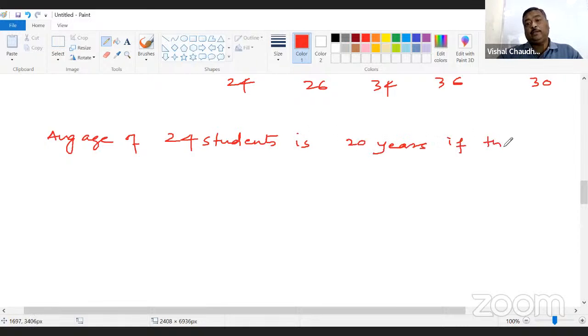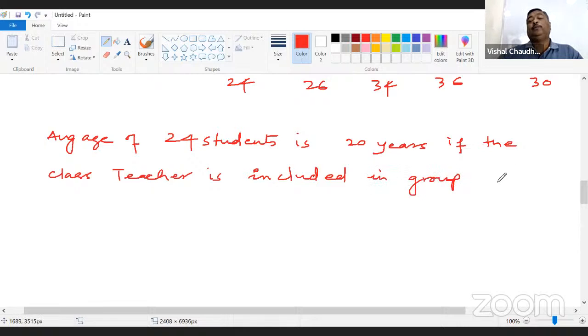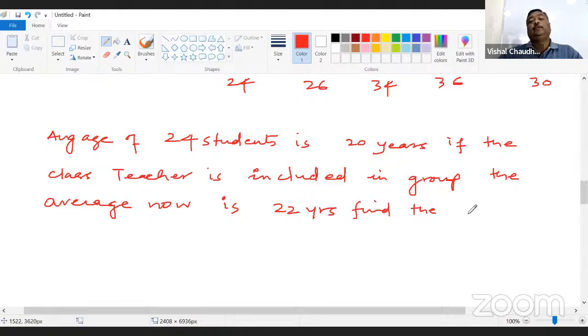If the class teacher is included in the group, the average now is 22 years. Find the age of the class teacher.